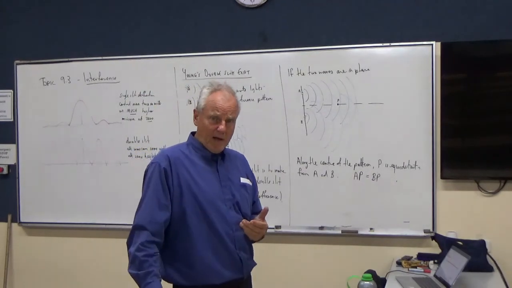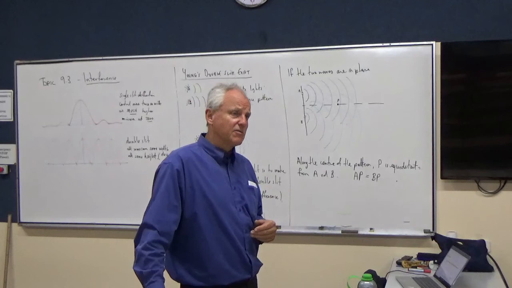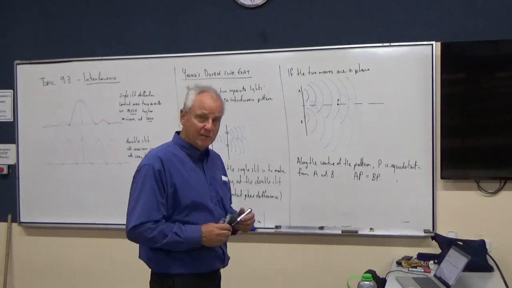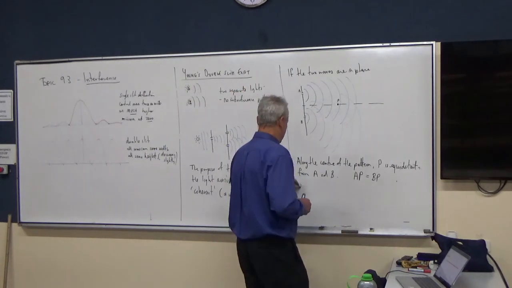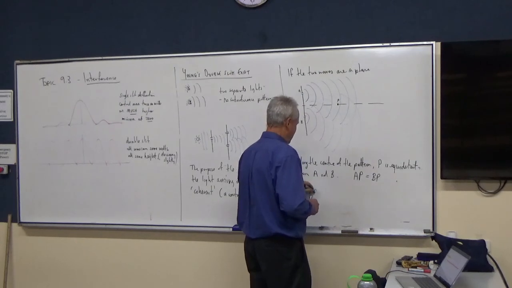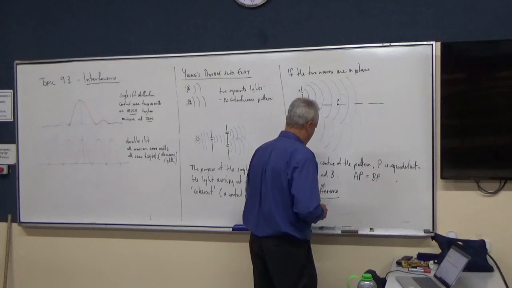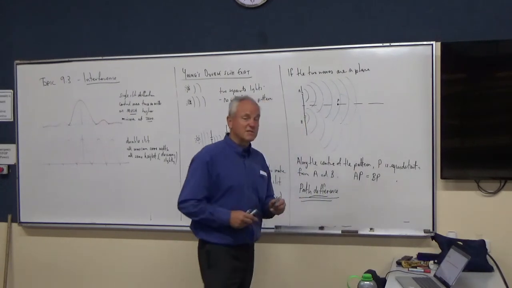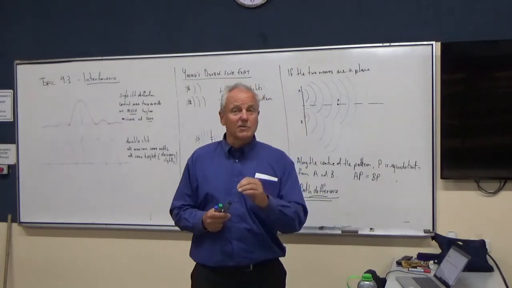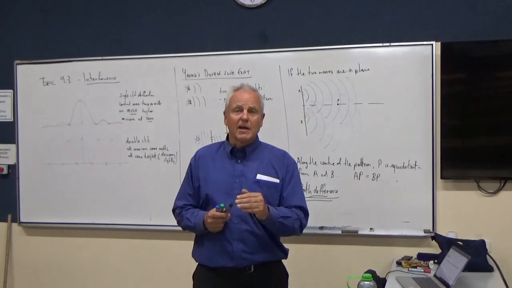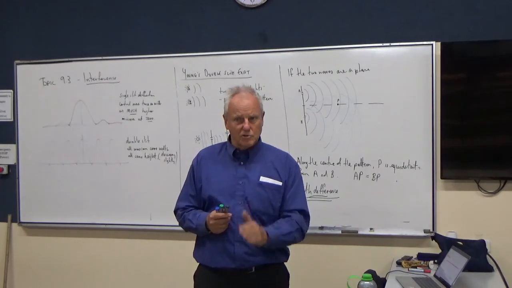Often what we talk about, and we mentioned this last year as well, is the path difference. Path difference is like constructive interference, destructive interference, another really important term to use.